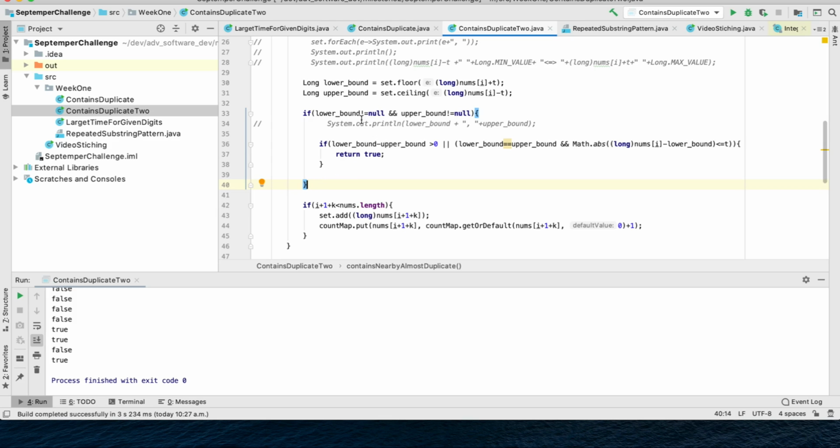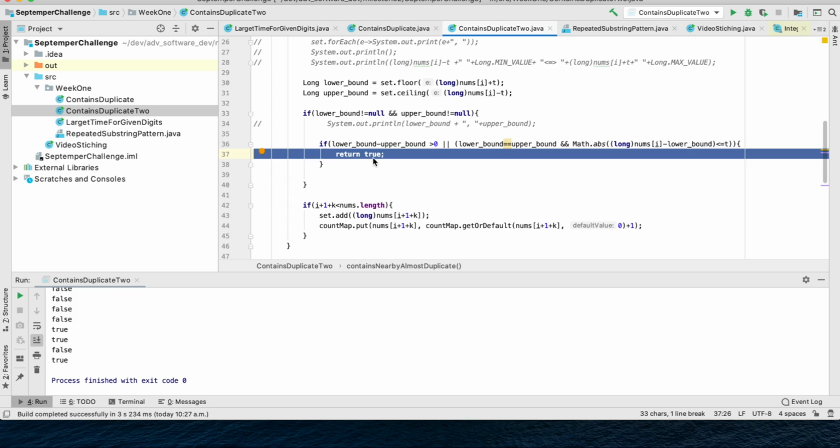If the lower bound and upper bound are not null, then I'm checking if the difference, lower bound minus upper bound, is greater than 0. If it is, then I'm returning true, because there exist numbers in the tree set that lie in the range.